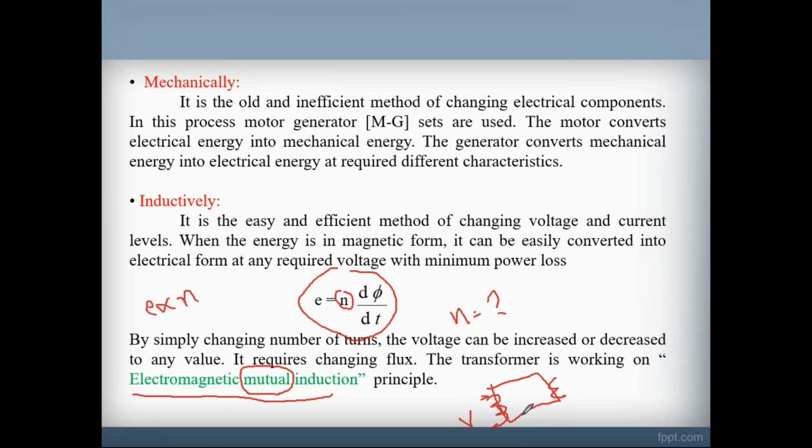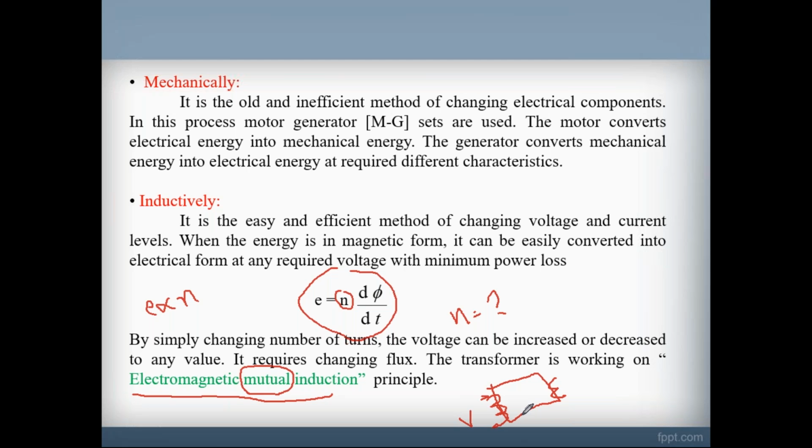Electrically or magnetically? So tell me how this primary and secondary are connected. Right. So these two circuits are magnetically connected and electrically isolated.